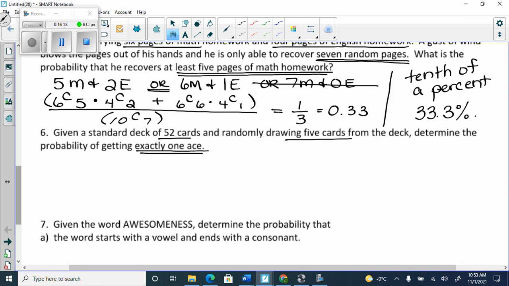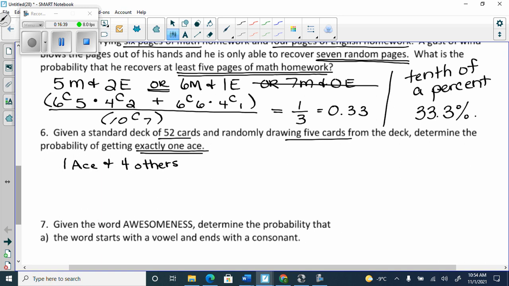So actually, after the word probability is just like doing a perms and comps question, correct? And it'll just go on the top. That's all it is. So exactly 1 ace. So if I gave you that before, exactly 1 ace, that would mean 1 ace and what? 4 others. So how the heck would we do that? How do I get aces?